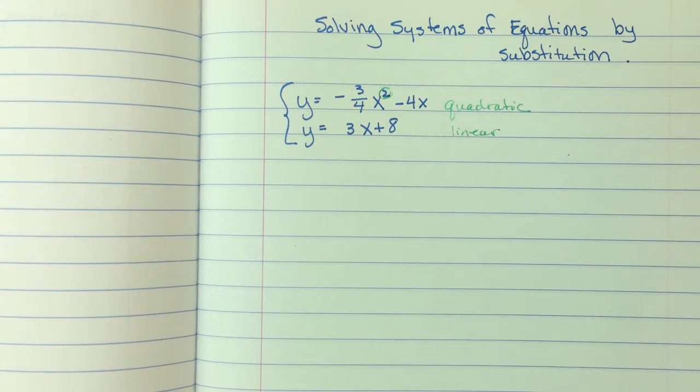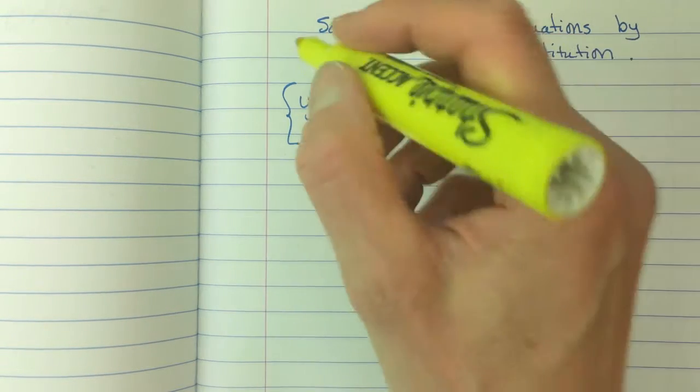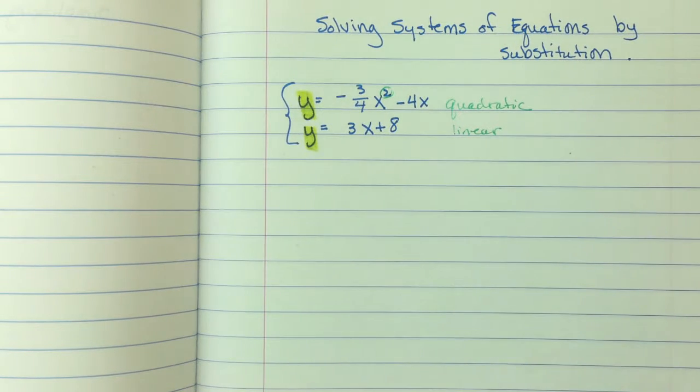If I want to solve systems of equations by substitution, we can see that both of these are equal to y. So that means this y equals this y, so I can simply set the equations equal to each other.